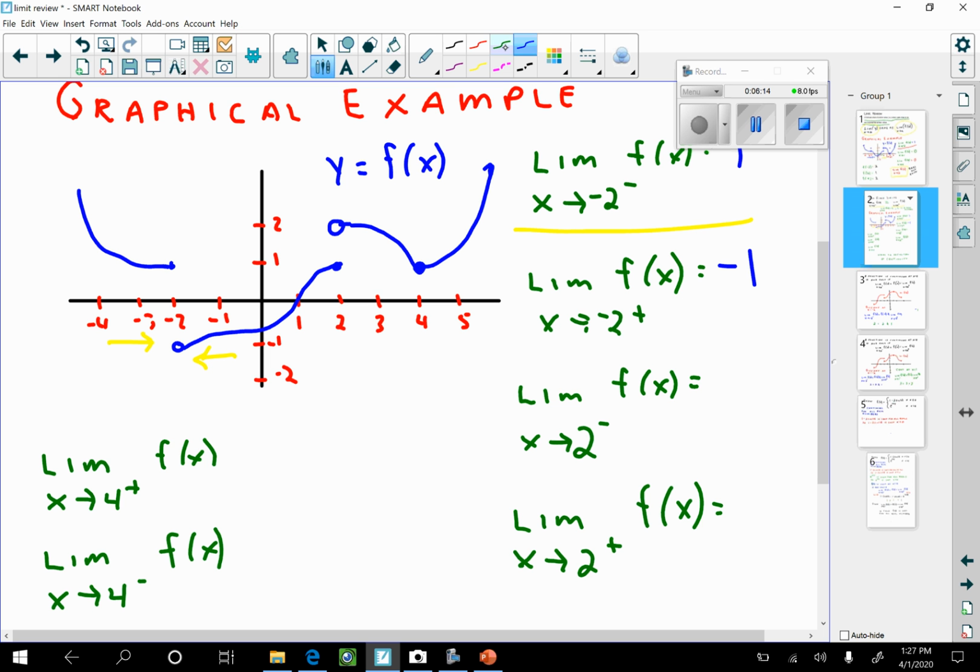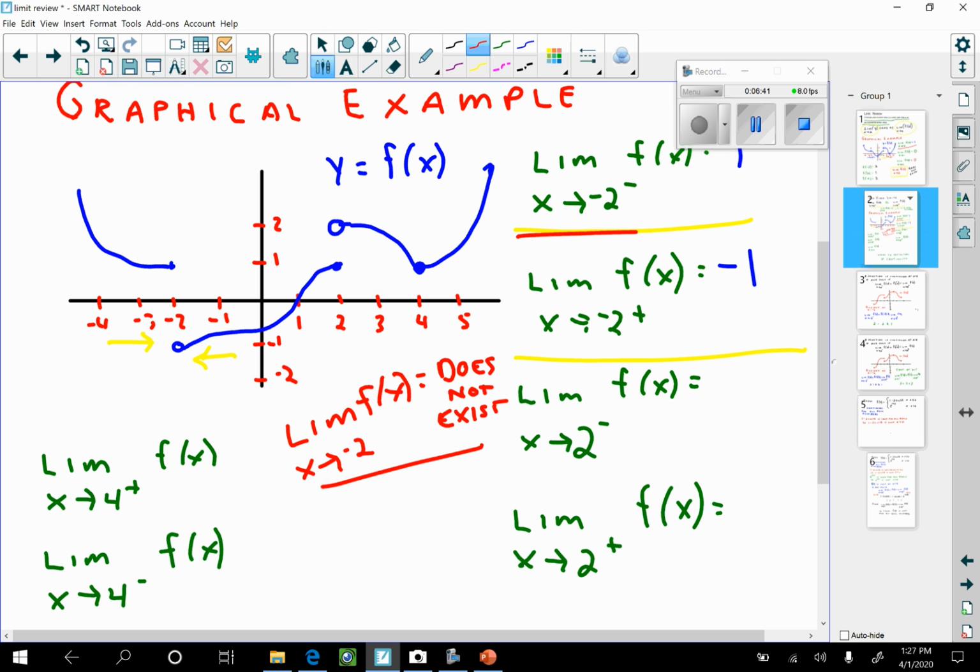They tell me this, that the limit as x goes to -2 of f of x does not exist, okay, because the left hand doesn't equal the right hand there.